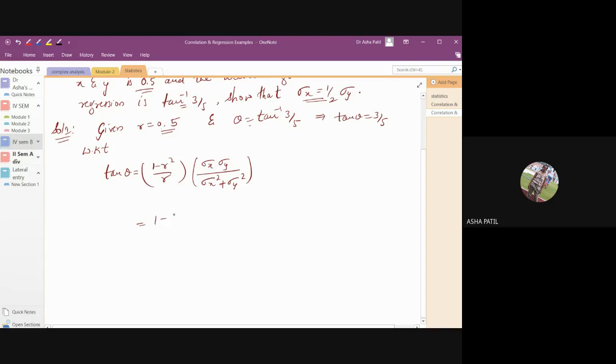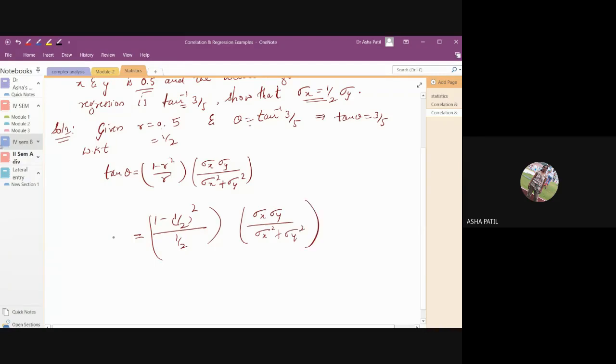1 minus, shall I write 1.5 or you can take it as 1/2. If you want both in terms of fractions, write 1/2. So it is 1/2 whole square divided by, we have again r, that is 1/2, multiplied by sigma x sigma y divided by sigma x square plus sigma y square.